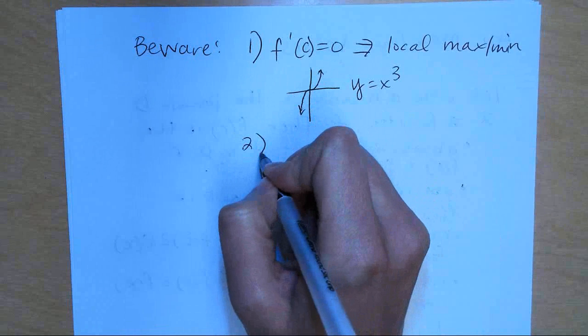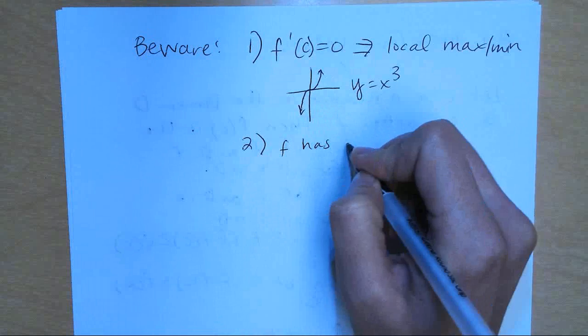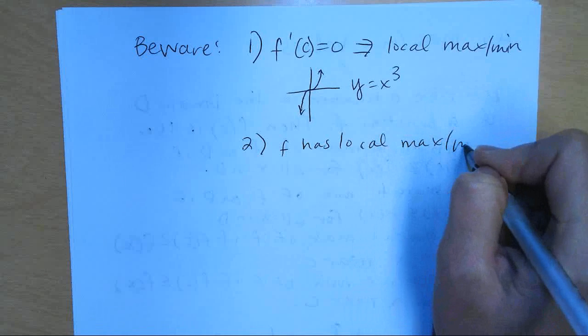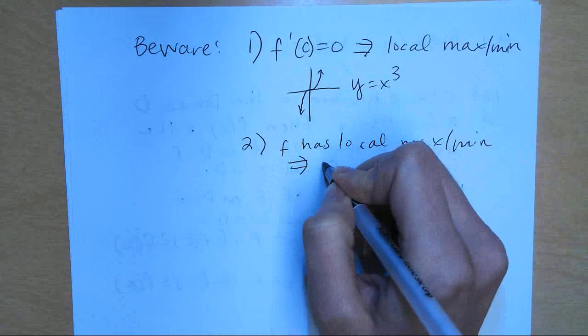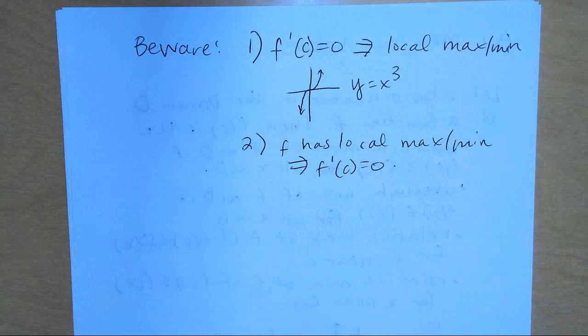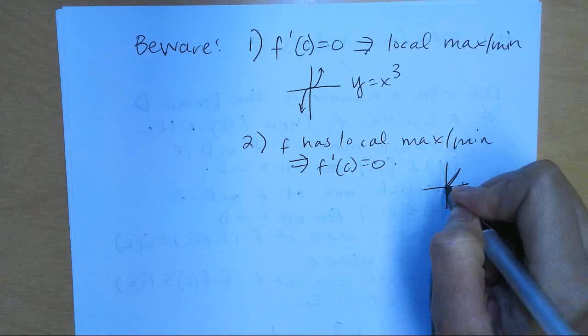The other thing that this doesn't say is that if f has a local max or min, then that implies that the derivative is 0. The counterexample to this would be something like absolute value of x.